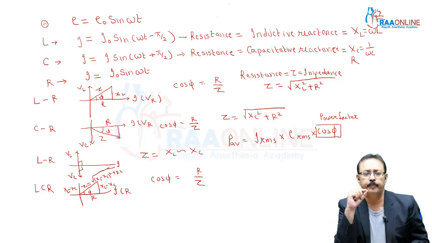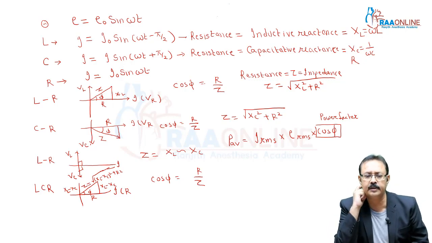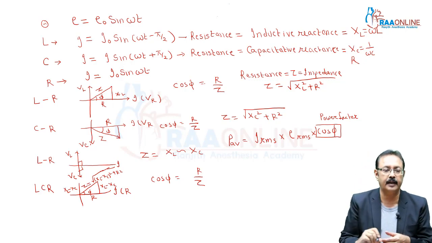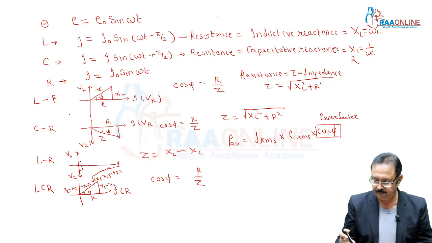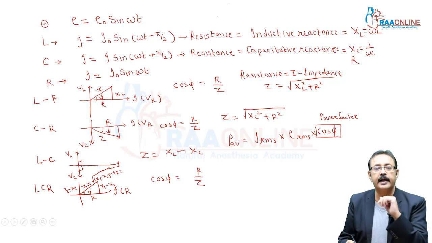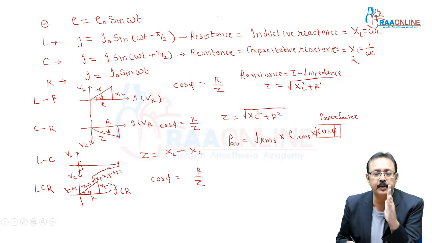In case of pure L or pure C circuit or LC circuit, phi is 90 degrees. So cos 90 is 0.